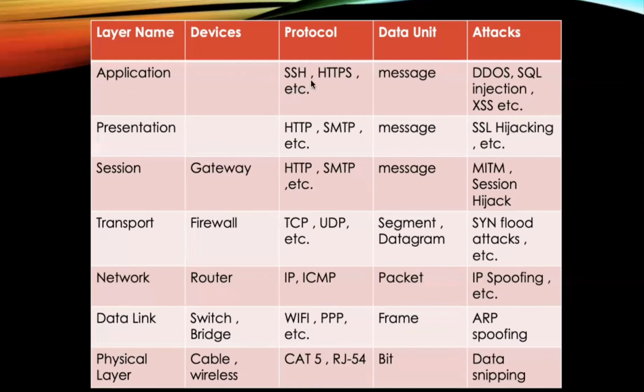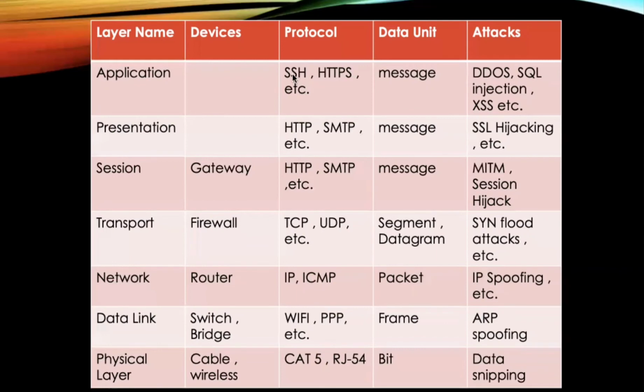We have different types of protocols. We have SSH, we have HTTPS. Definitely, we need to know what SSH and HTTPS are. We'll do a session on SSH because SSH, Secure Shell, is mainly used to access servers from a computer.